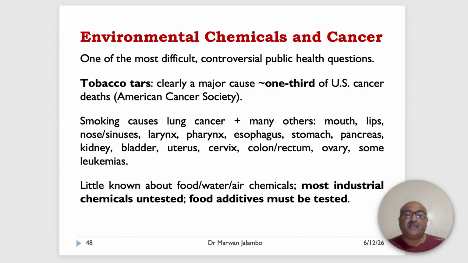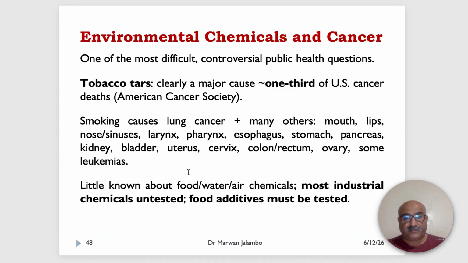People worry intensely about chemicals in foods, in water, and in air. Yet we actually know very little about how much they contribute. Most industrial chemicals have never even been tested for cancer-causing potential.